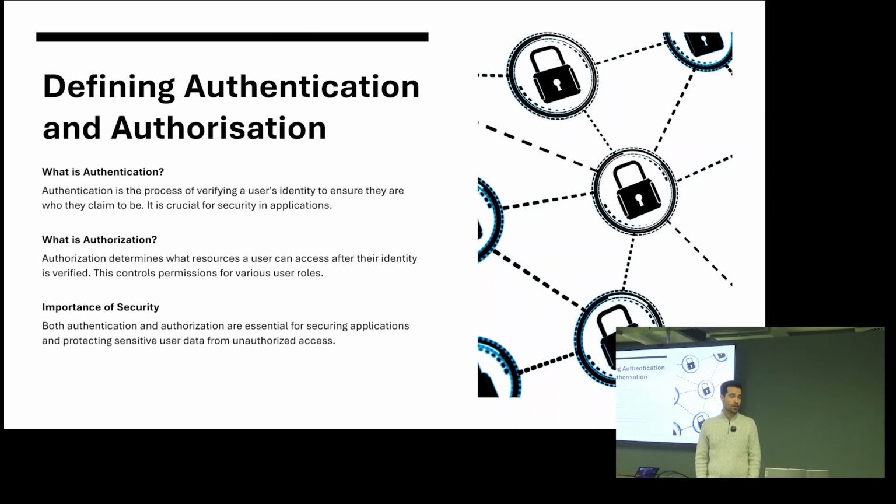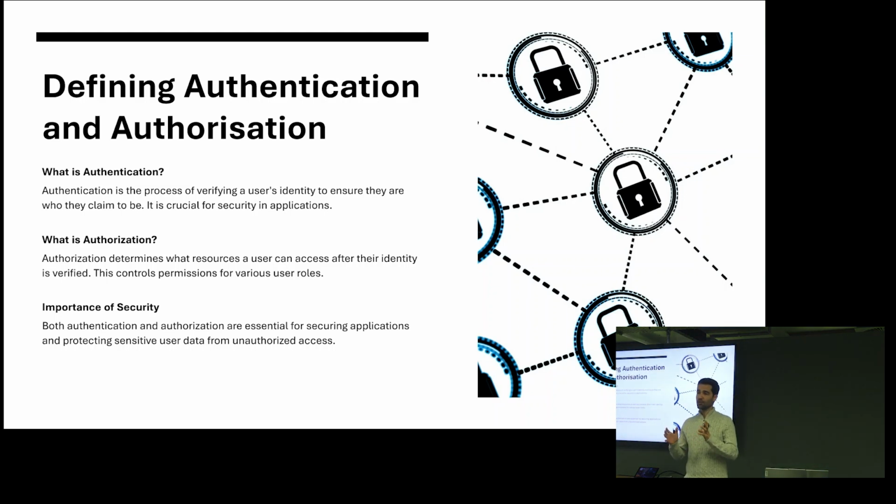The first bit we are going to talk about is authentication and authorization. Authentication, which is the first part of your security, is a process of verifying the user's identity. First, you need to make sure the user is exactly the one who they claim to be. So this process, when you verify the user, is authentication.